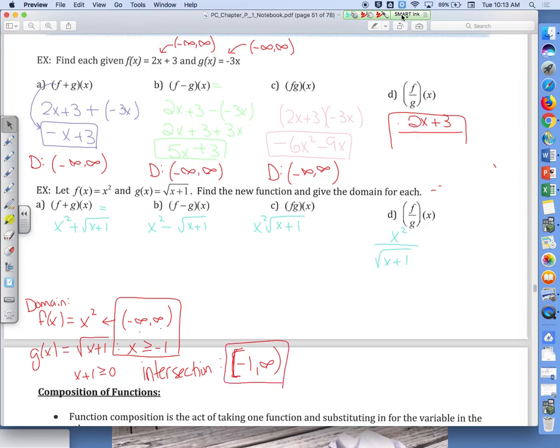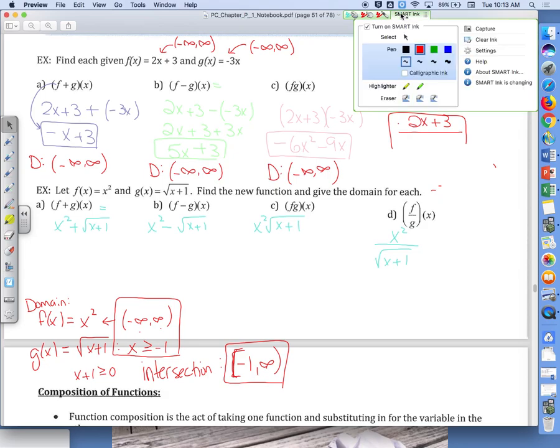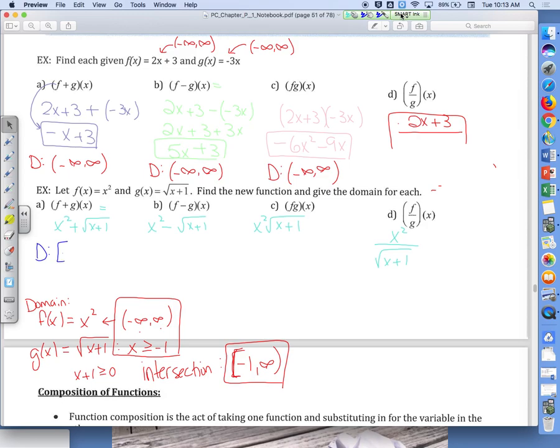So my domain then for letter A would be just that, from negative 1 to infinity. If I subtract these two values, same thing. Domain would go from negative 1 to infinity. Same thing if I multiply. Domain could be any number from negative 1 to infinity.